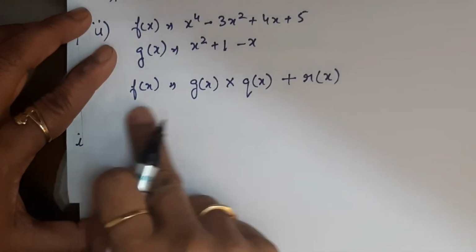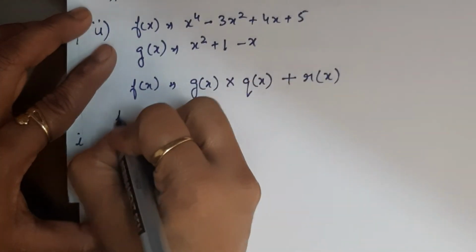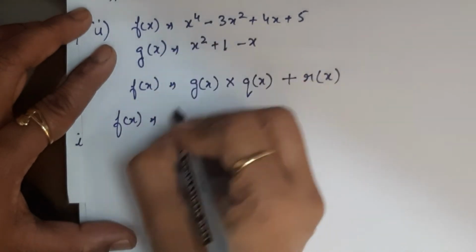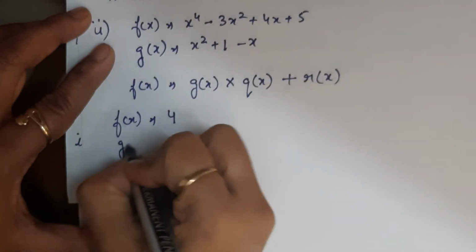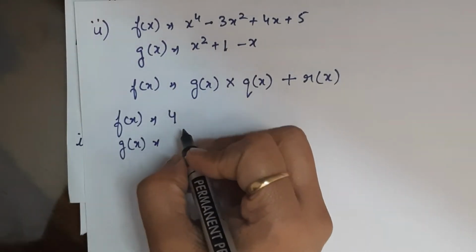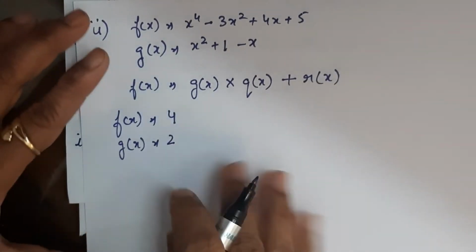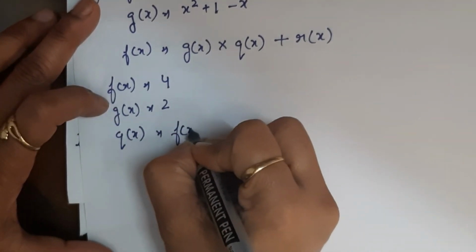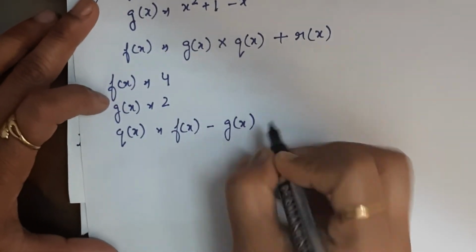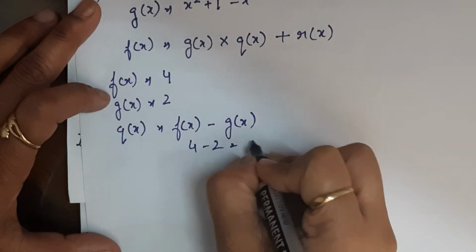Now we have to put the degrees. We know the highest degree for f(x) is 4. We know the highest degree for g(x) is 2. And for Q(x), we just have to subtract the 2. So what will we get? 4 minus 2 is 2.